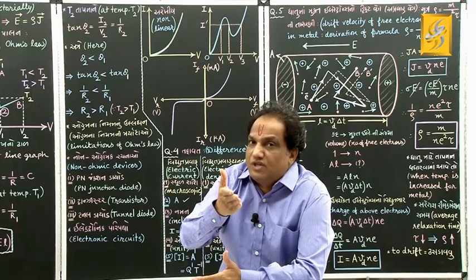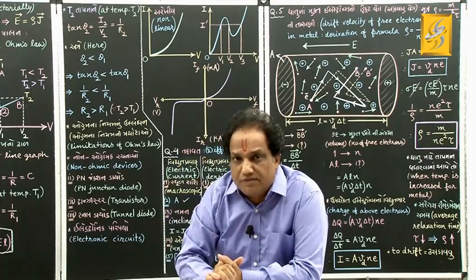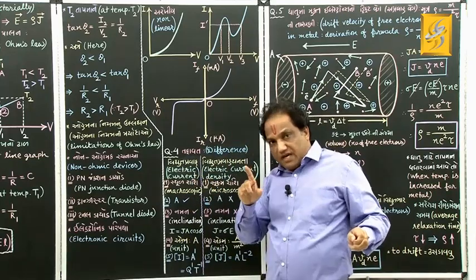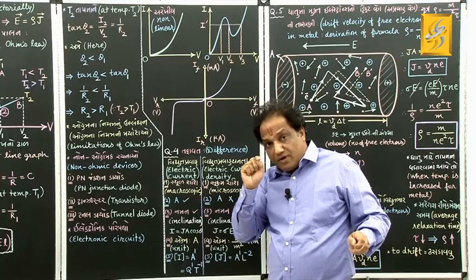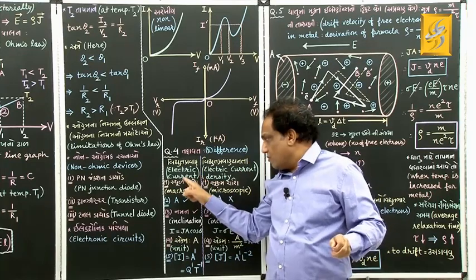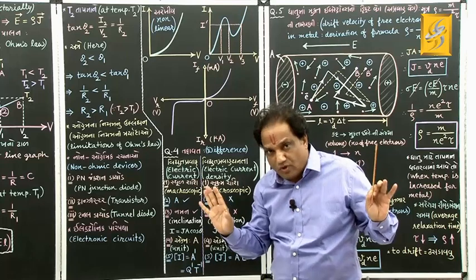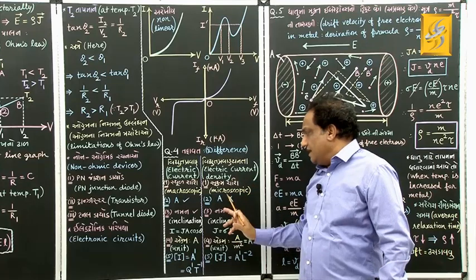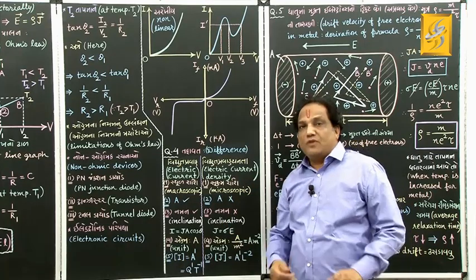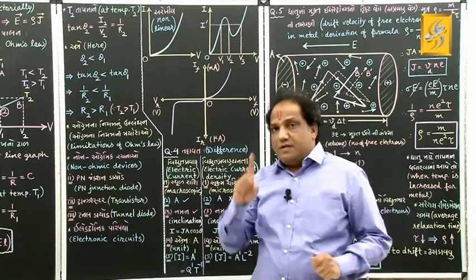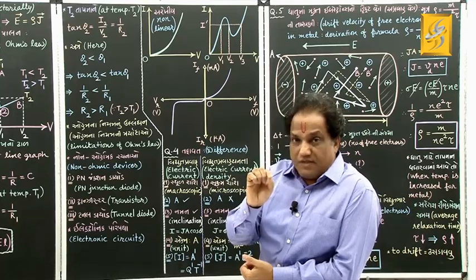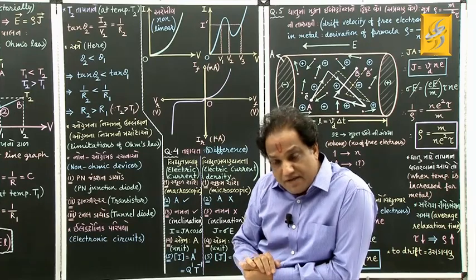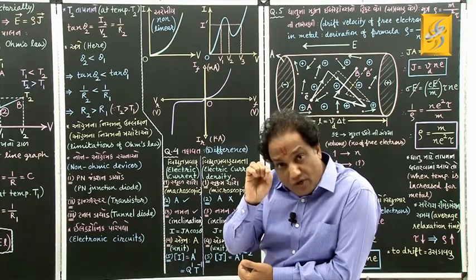So we call this physical quantity a macroscopic quantity. It is to be defined for the entire conductor, not at a particular point. That's why we call it a macroscopic quantity, not a microscopic quantity. What about electric current density? It is a microscopic quantity. Last time I told you the point value of electric current density. It is to be defined at a particular position.